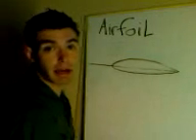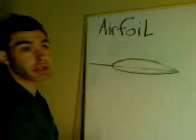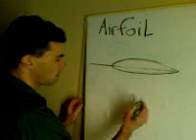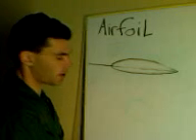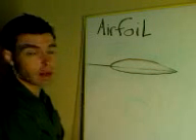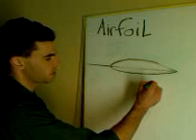Now let's talk about how this works. Before we can get into how the airfoil works, we have to talk about Bernoulli's principle. What Bernoulli's principle says is if we have an object, now we have a ball, and a fluid runs over it, say we turn on a faucet.